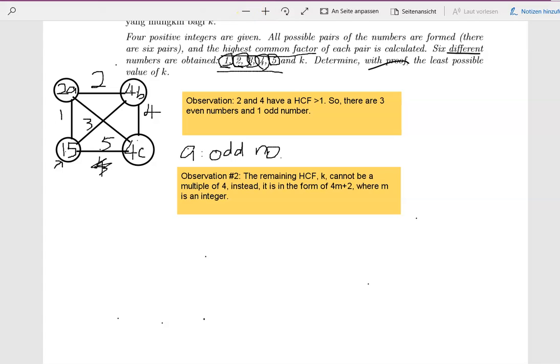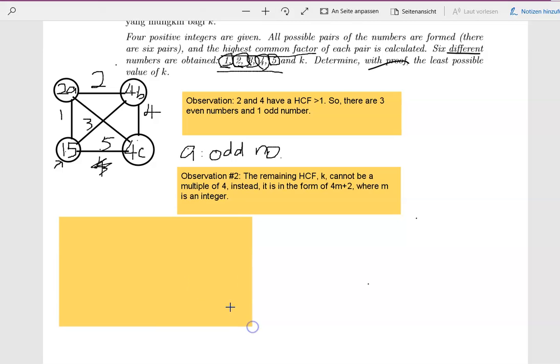So going back to the question, because this relationship of 2a and 4c is a form of 4m plus 2, what should we do first? We will have to try one by one, to be honest, to find the least possible value of k. Let me draw another text box, a big one.